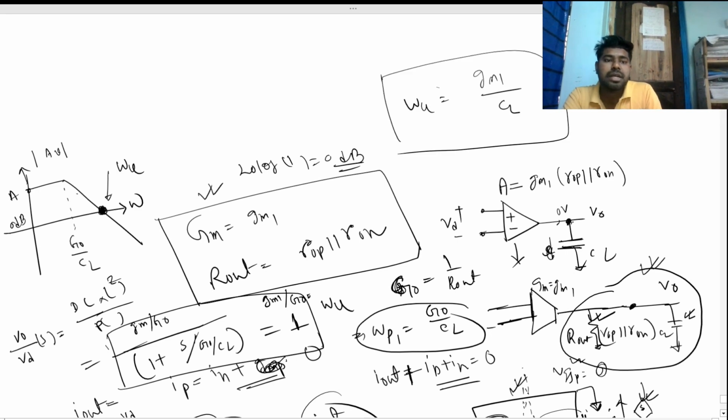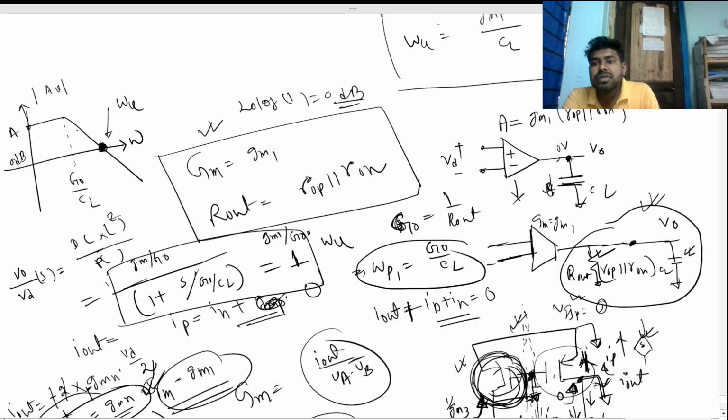It makes sense because we can see that this omega u will be further from this pole, which is GO by CL. We know that the transconductance of this MOSFET will be more than the output conductance, right?